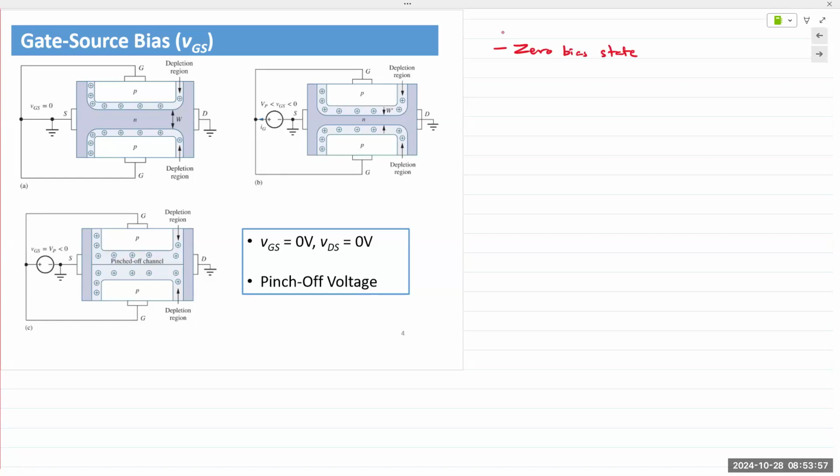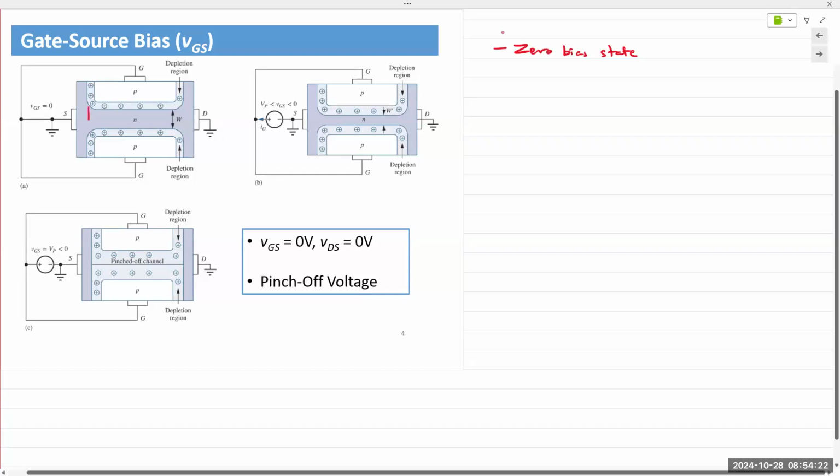At equilibrium conditions for a p-n junction, a depletion region forms, right? And there's a reverse electric field that is generated that stops the depletion region from growing too much. And so it's the same thing. You create a p-type material inside an n-type material. Depletion region forms. With zero bias applied, the channel has a specific width.